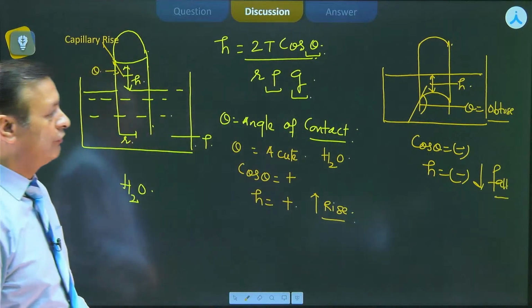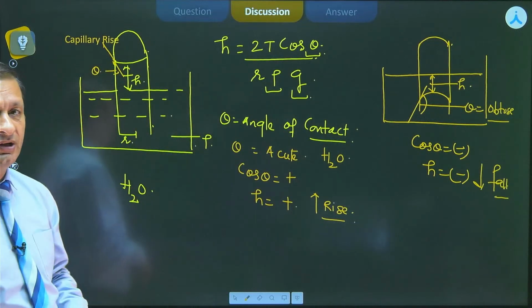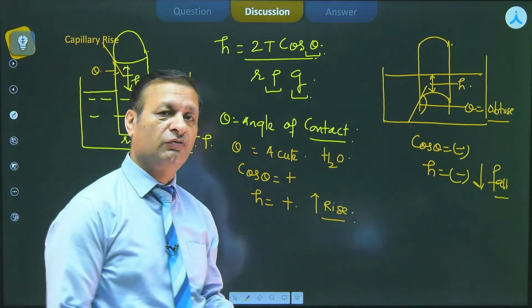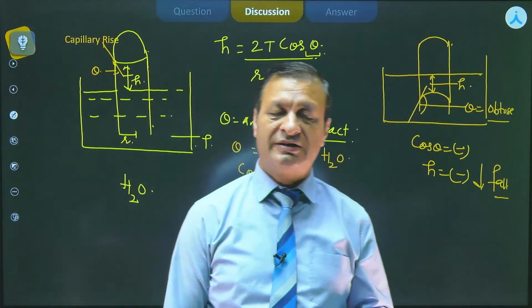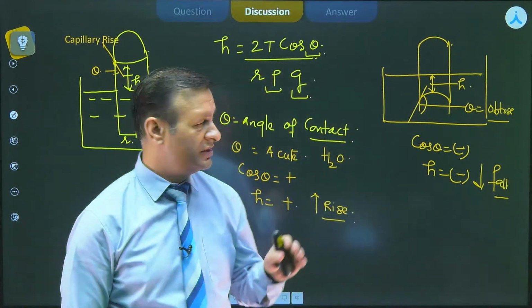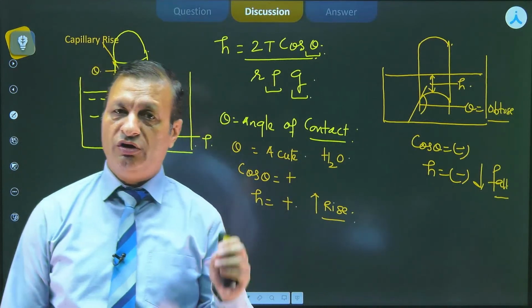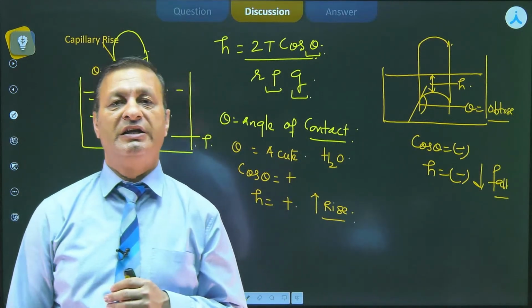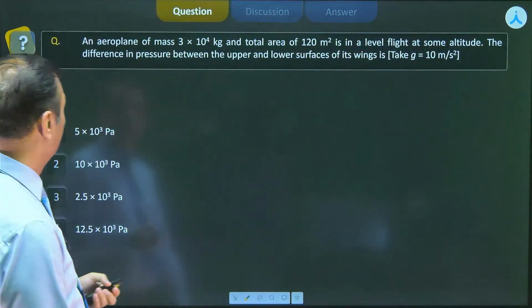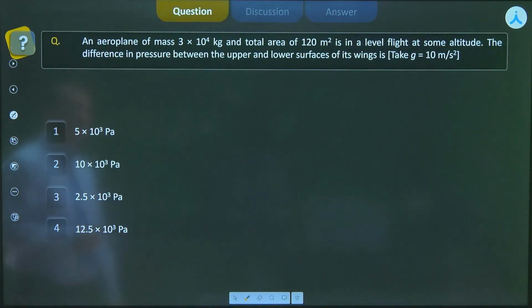This rise or fall of liquid is called capillarity, and we have a good number of applications based on that. Capillary rise is again one of the phenomena exhibited due to the property of surface tension of liquids. So this is the last question.